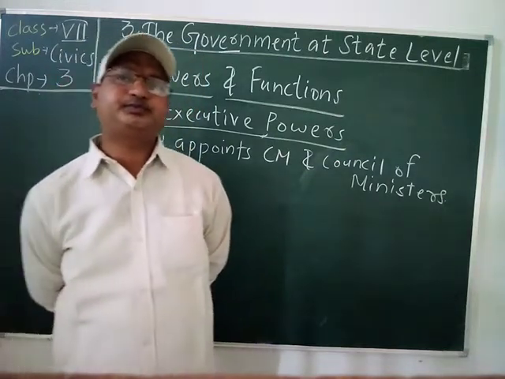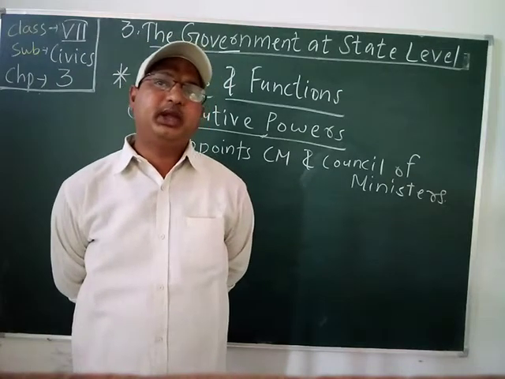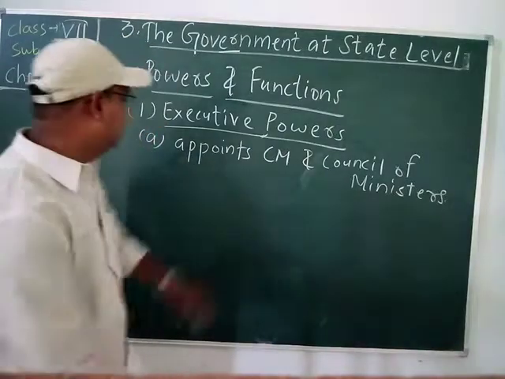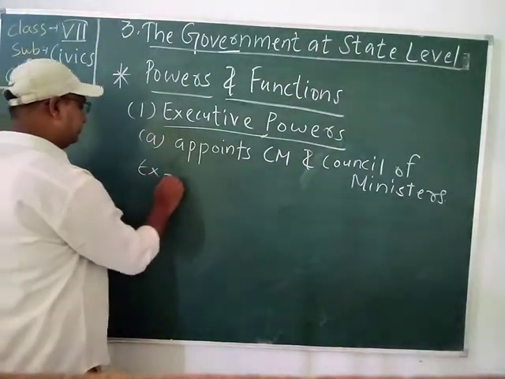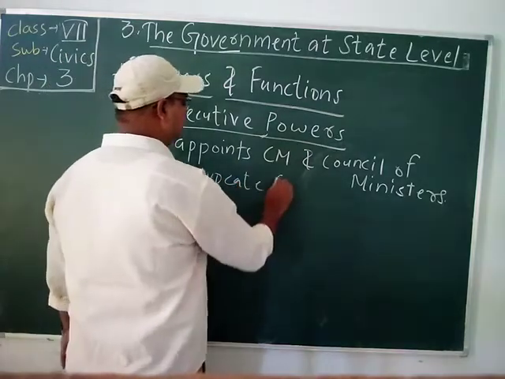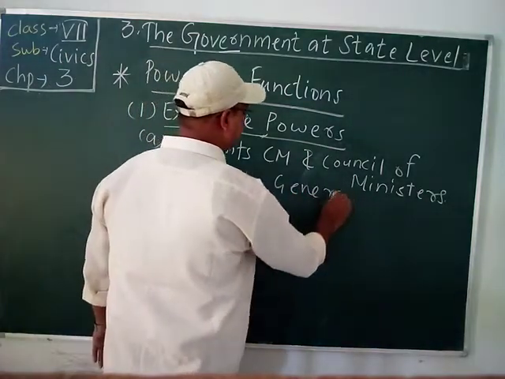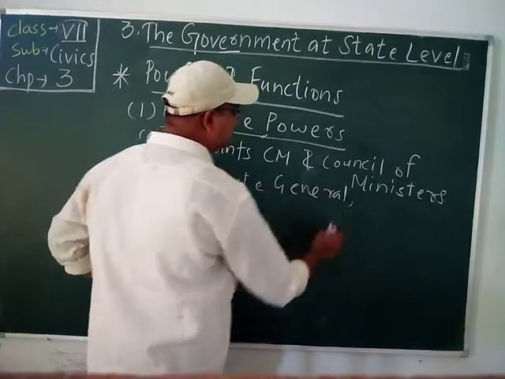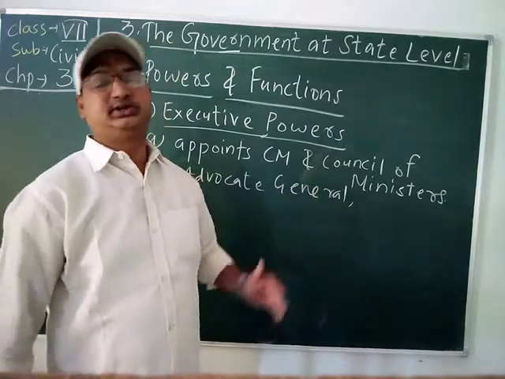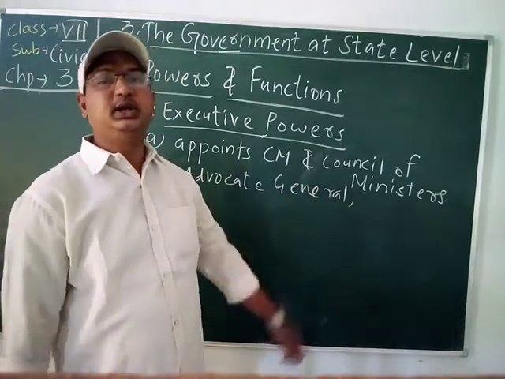Students, then, all the top level officials. So what can be there? I will write the examples here. The advocate general, one of the examples, students, he is the highest law officer in a state.